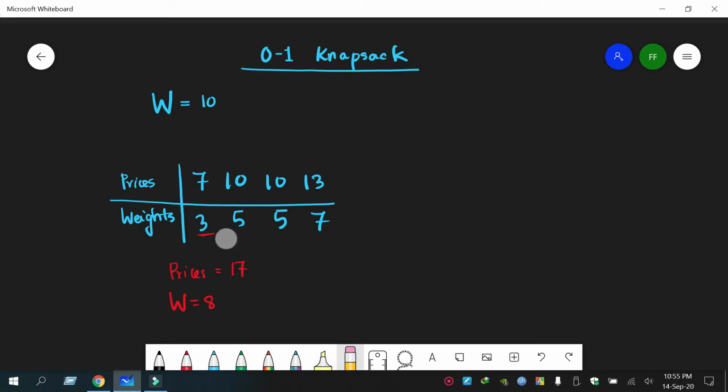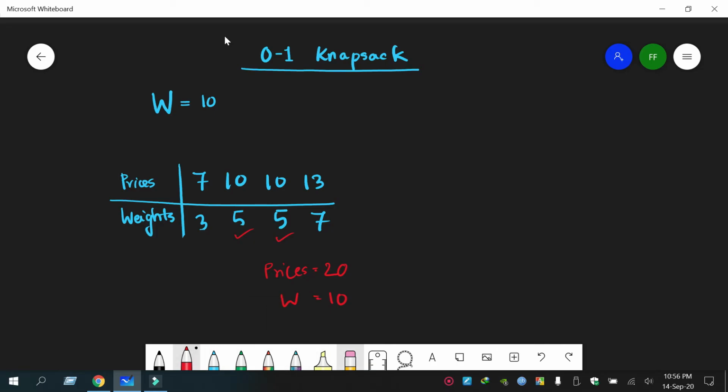Let's think about another case where you can take this and this, but this is still the same scenario because the prices are the same. Another scenario could be if you take the middle two, and then the price that you steal will be 20 and the weight would be 10, which is still less than or equal to the capacity of the bag.